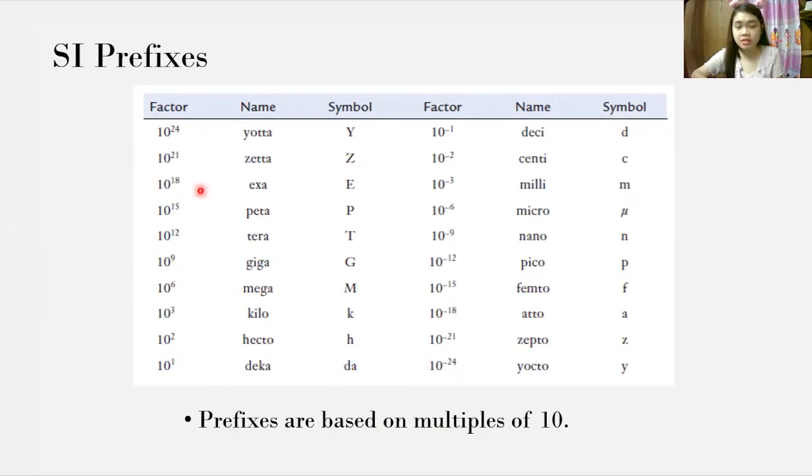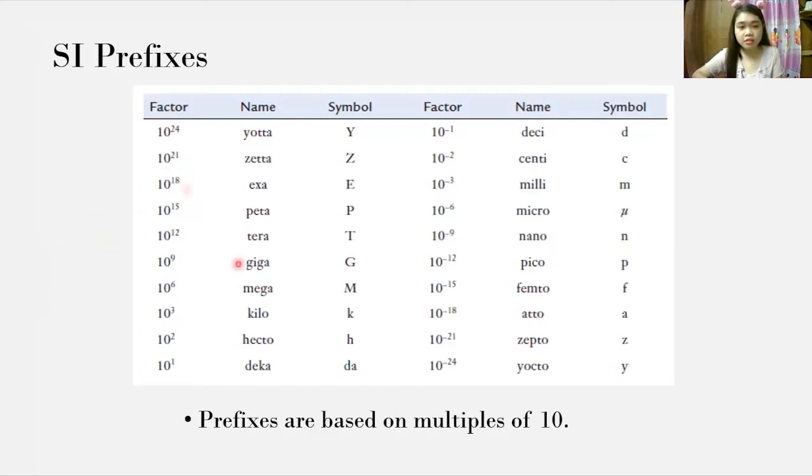This SI prefixes is used to simplify numbers that are usually very big quantities or measurements, and also very small quantities of measurements.